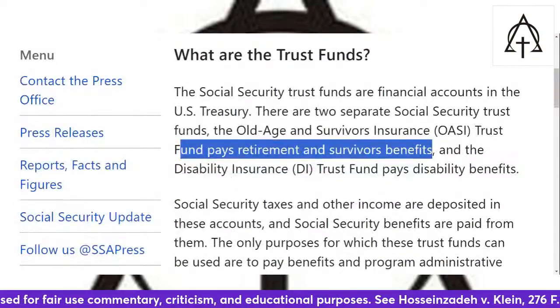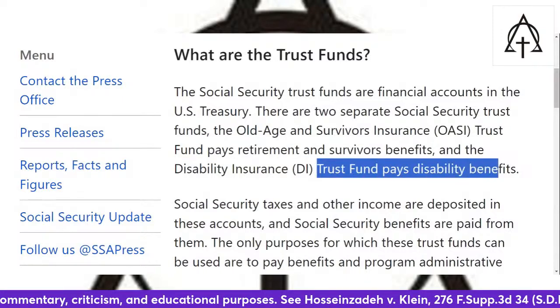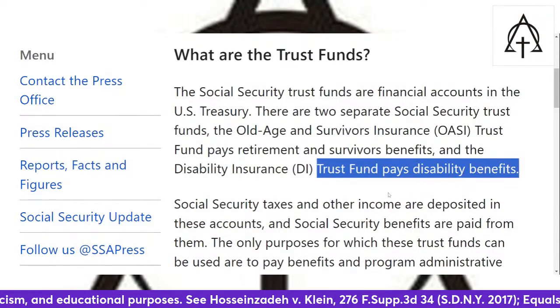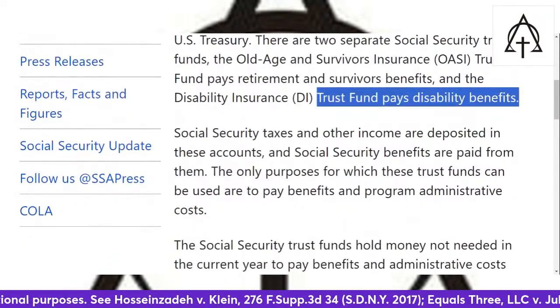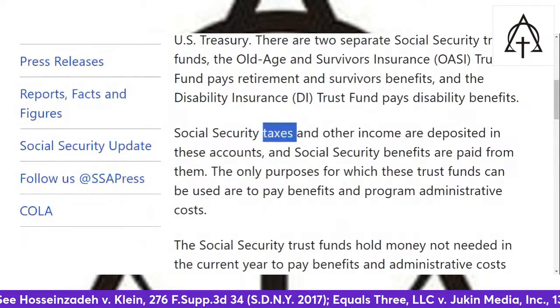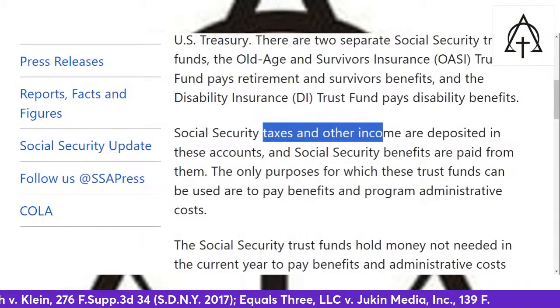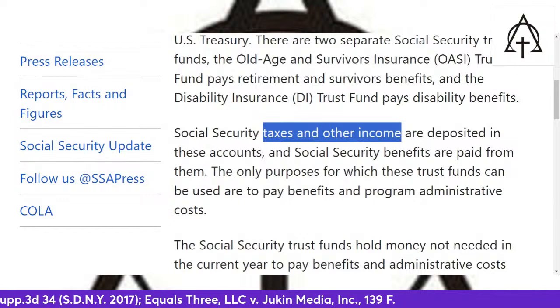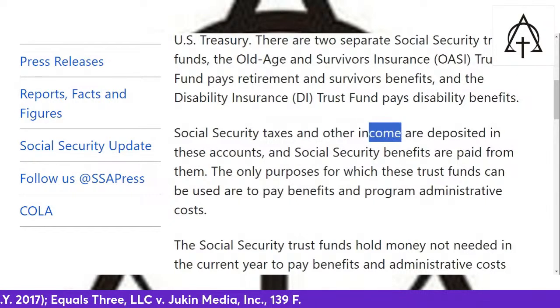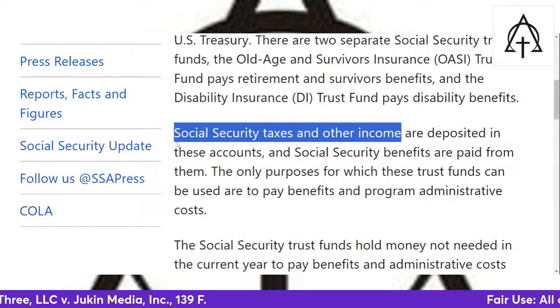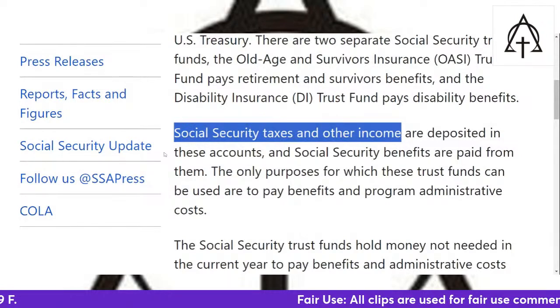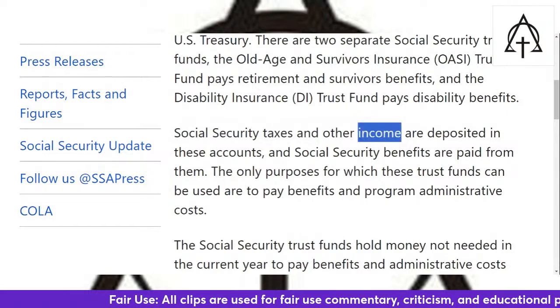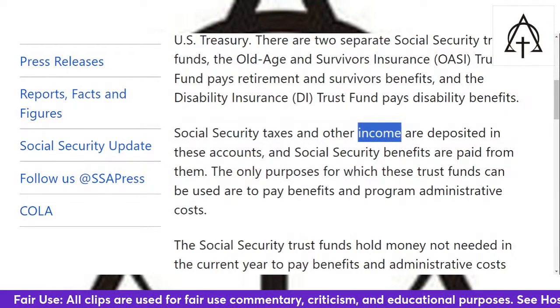And the Disability Insurance Trust Fund pays disability benefits. Social Security taxes, and other income. That means the Social Security taxes that you contribute, which are voluntary, are an investment for them to make income.